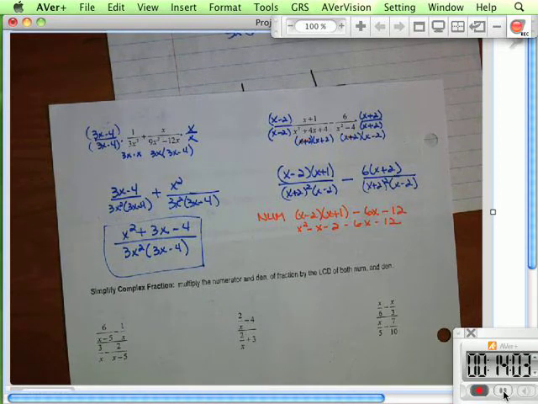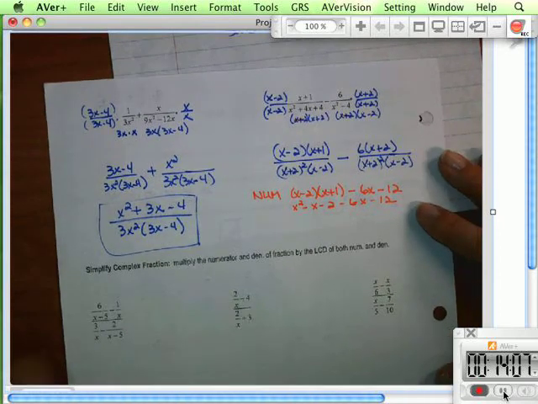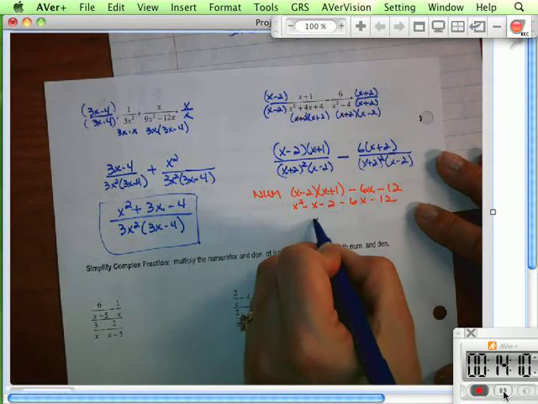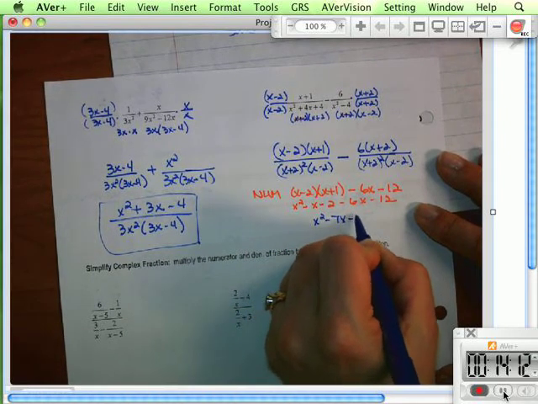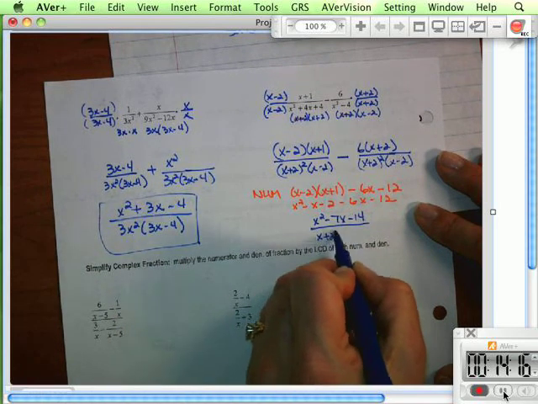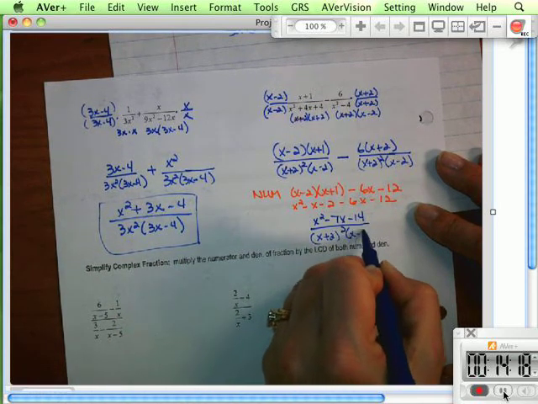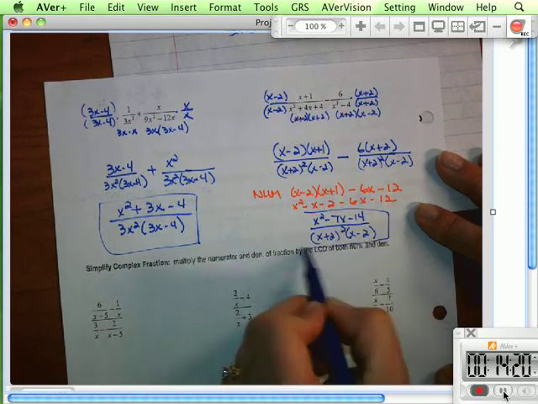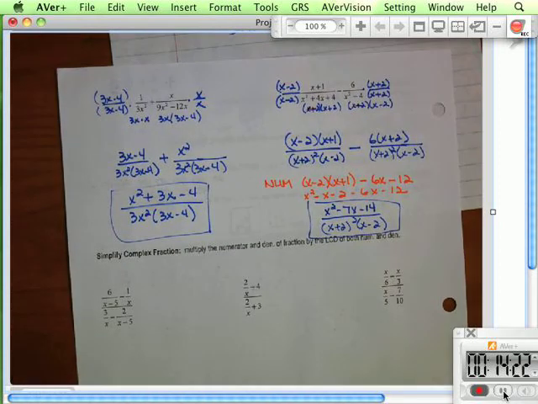And then I combine like terms. And then I get, for my numerator, x squared minus 7x minus 14. And then my denominator is what I have up there. That's your answer. I know I did it all. I wasn't going to, but I did.